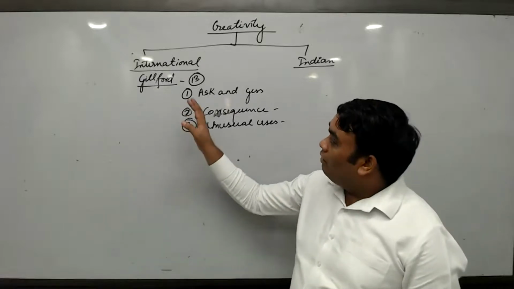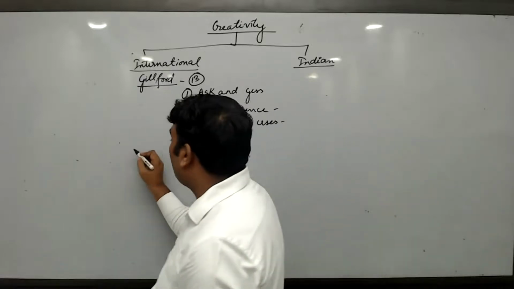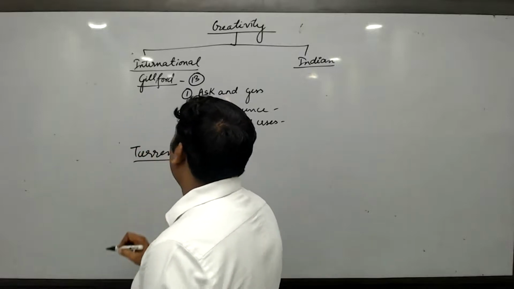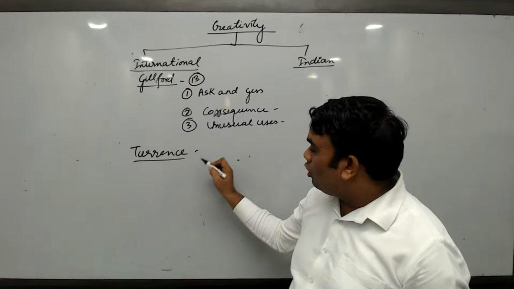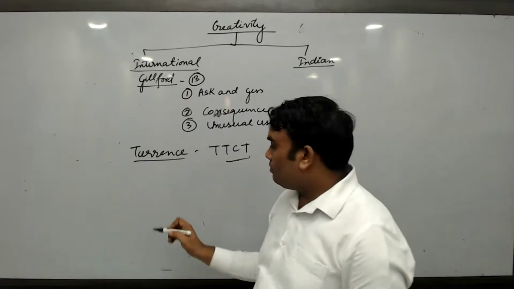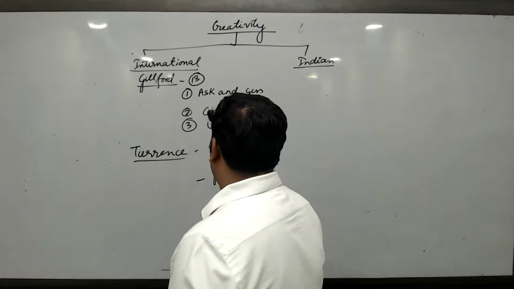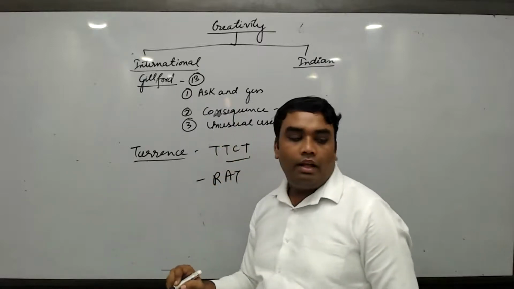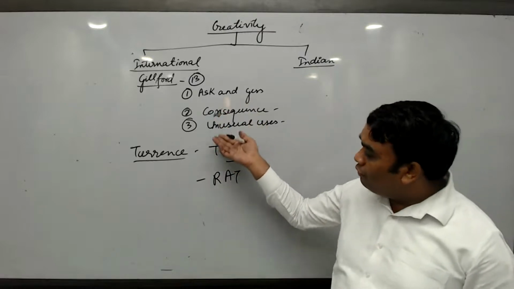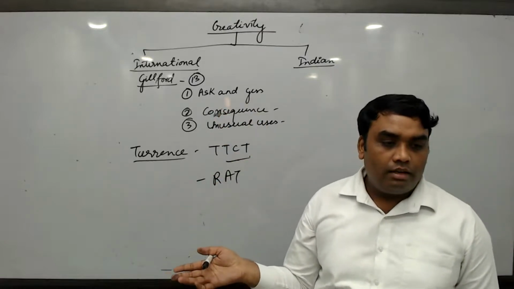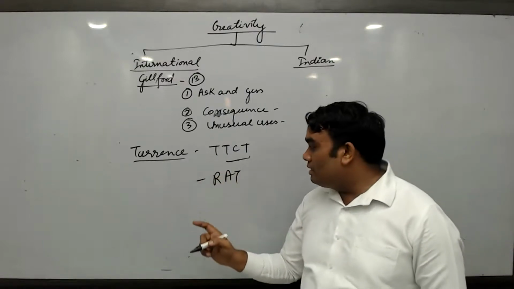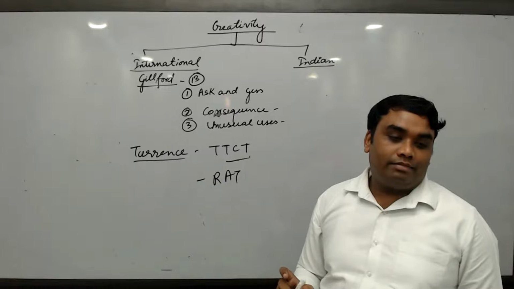So Guilford has given this concept. Other is Torrance. Torrance has also given the TTCT, the Torrance Test of Creativity. Other is RAT, the Remote Association Test. So there are a few creativity tests like TTCT.